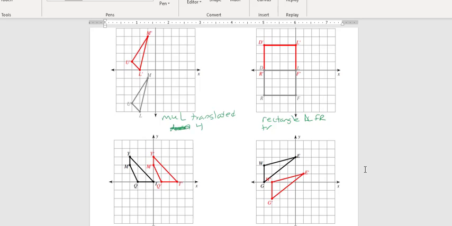Whoops, sorry, this one didn't go down, it went up. This one translated up 1, 2, 3. This one, QTYM, translated right 3.